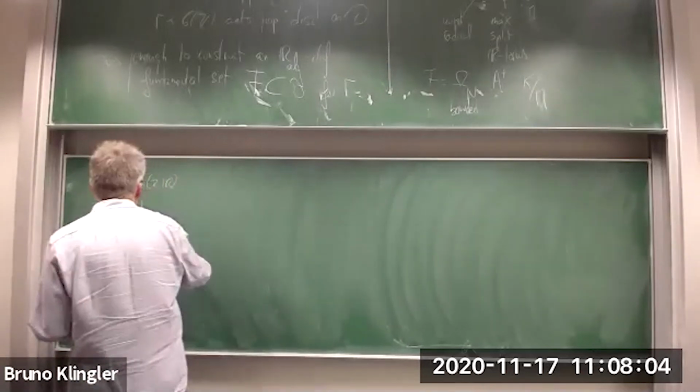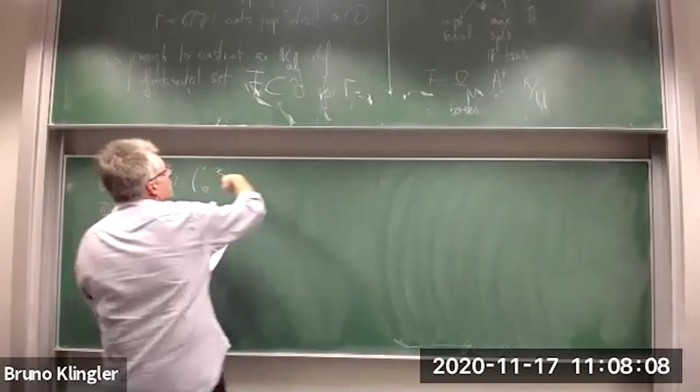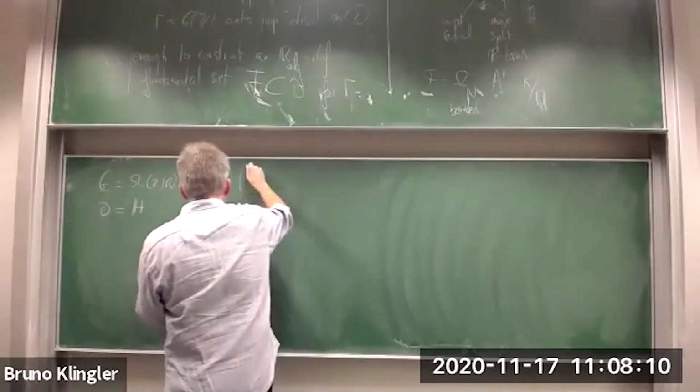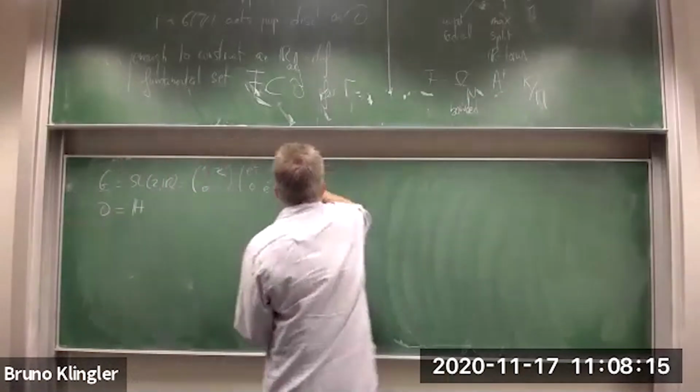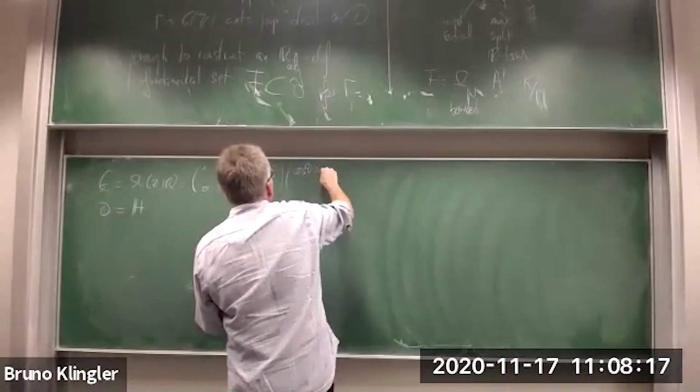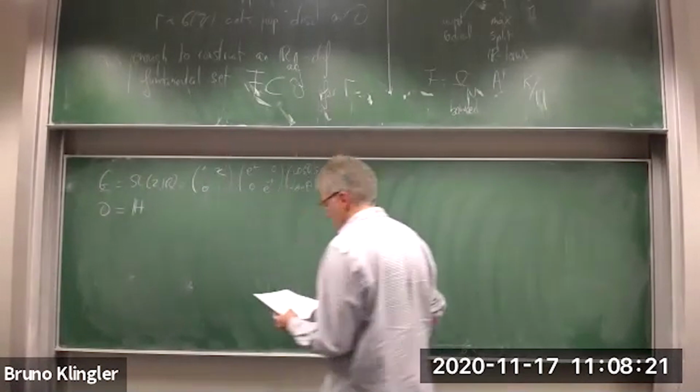Then you write this group as the decomposition, exactly this one. So these are your N. Here you have exponential t, exponential minus t, 0, 0. And your compact group is a circle, so cos theta, sin theta, minus sin theta, cos theta, right?